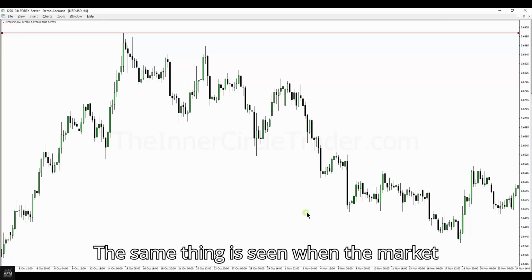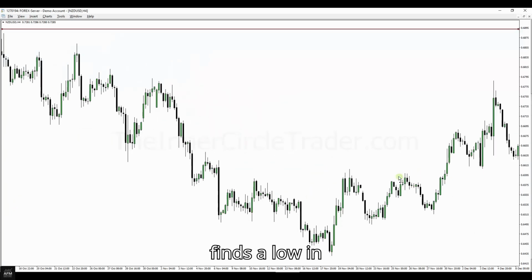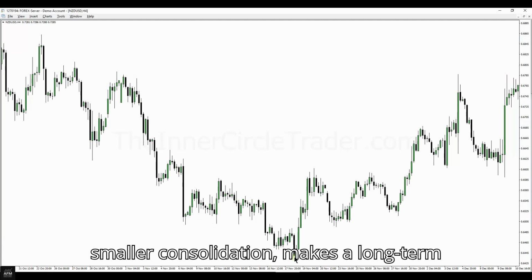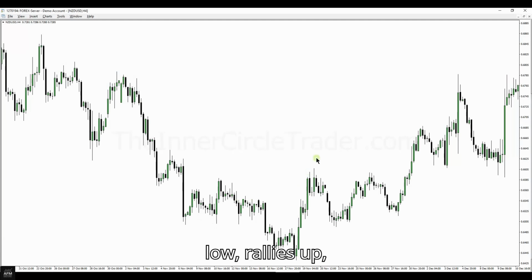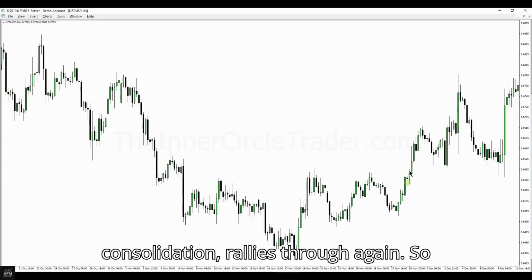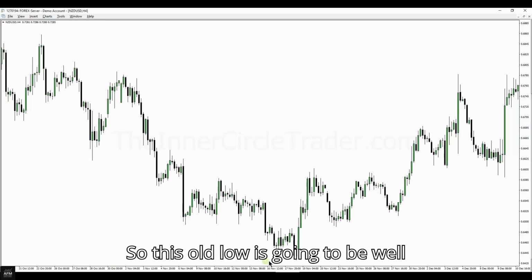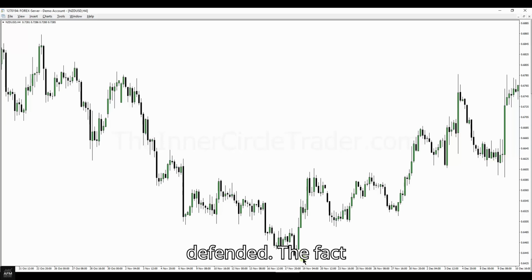The same thing is seen when the market finds a low in the market. The market creates a small low consolidation, makes a long-term low, rallies up, retraces, moves into consolidation, rallies through again. So now we have a lot of price action here. So this old low is going to be well defended.